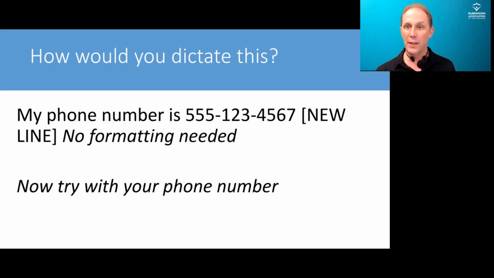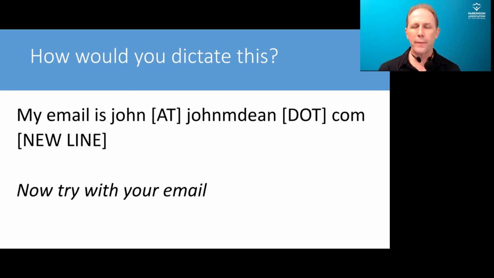As long as you have 10 digits, it'll go ahead and format it properly. 303-444-1234. And then with your emails, if you can say at, you can say @ john@johnmdean.com. That is actually my email if anyone has any questions.